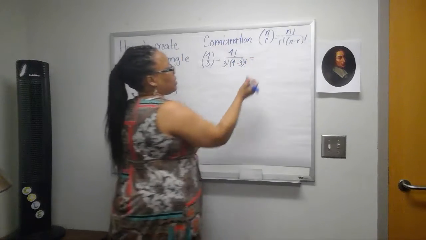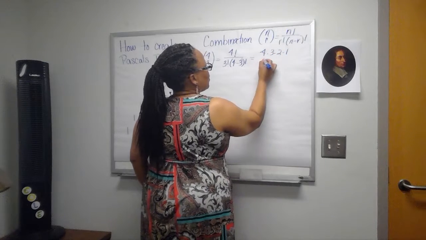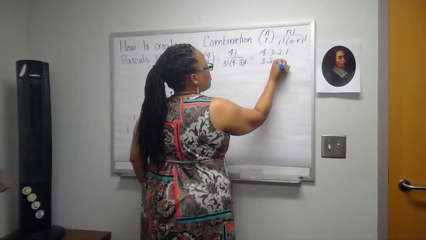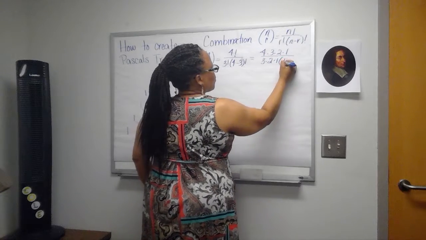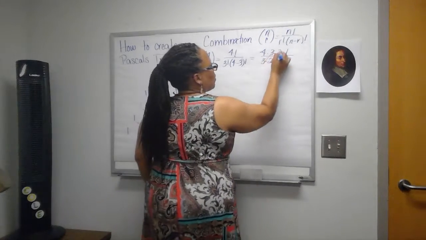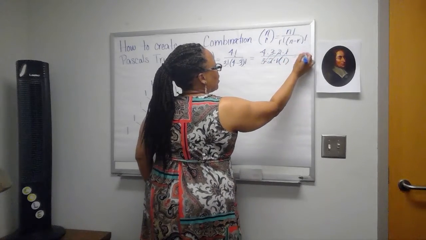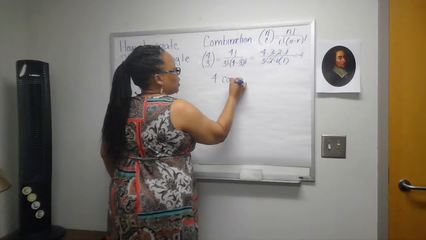So again, I stated factorial is 4 times 3 times 2 times 1. 3 factorial is 3 times 2 times 1, all multiplied by 4 minus 3 factorial, which is just 1. So what do we see here? We can cross these out and we're just left with 4. So that tells us there are 4 combinations.